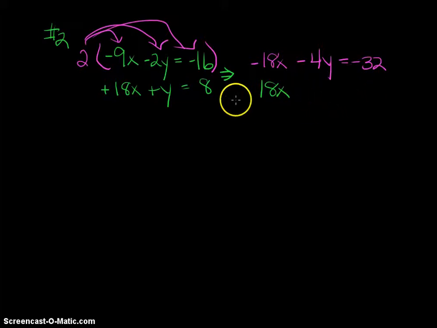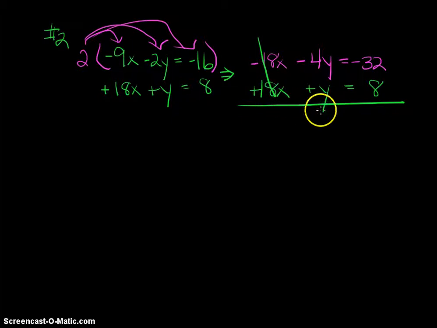Okay? And then I didn't make any changes to the bottom equation, so I'm just going to go ahead and rewrite this. Alright, and I'm eliminating my x's, negative 18 plus 18x, and then I've got negative 3y equals negative 24.